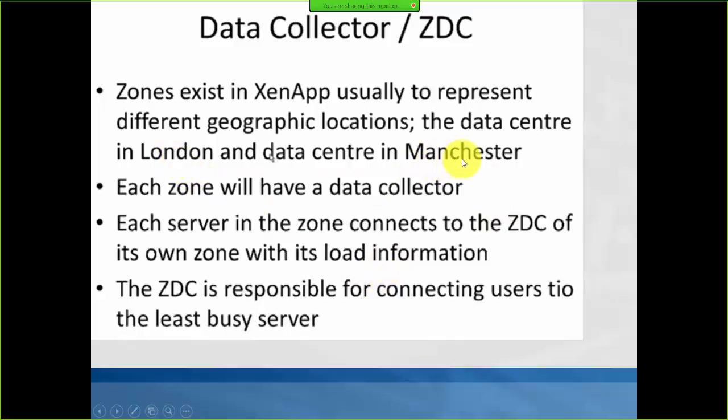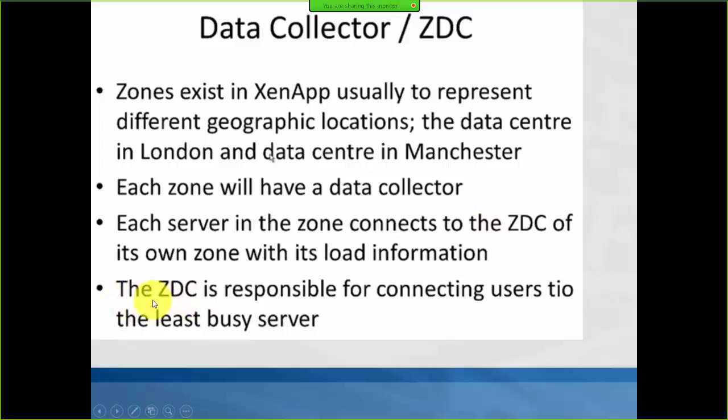So the Manchester ZDC will know all the information about the XenApp servers of London, and the London ZDC will have all the information of the XenApp servers of Manchester. So all the servers know what kind of load the environment is carrying right now.